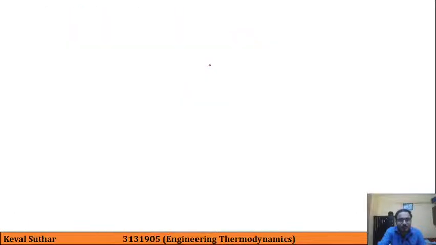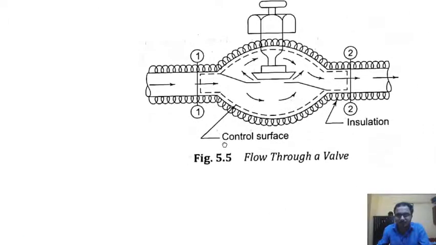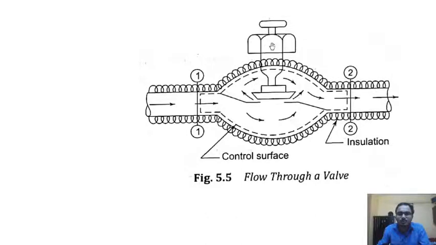So now our next application is throttling device. So let's focus on this figure. Here this is a throttling device in which there is an entry and exit, and in between we have a very complicated passage for a fluid which is controlled with this valve.